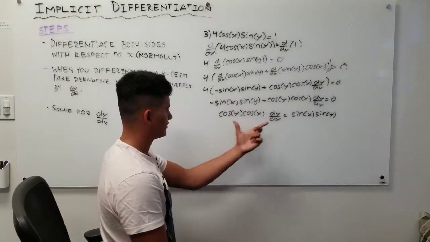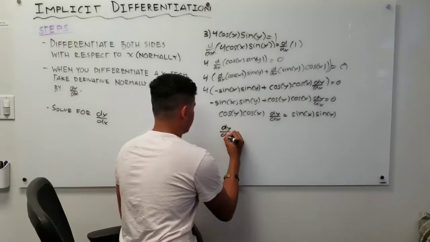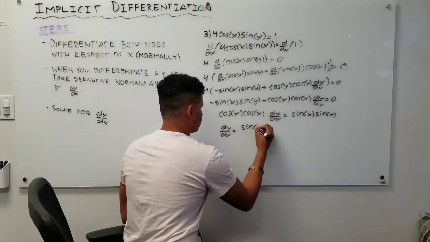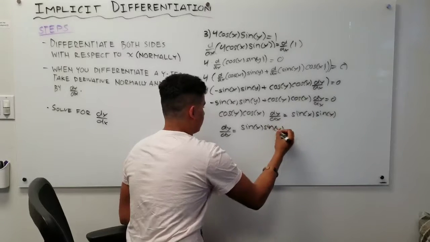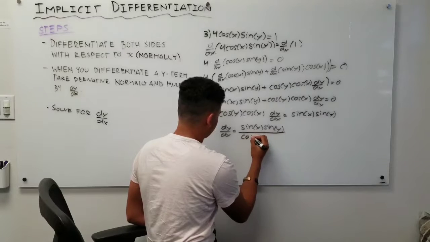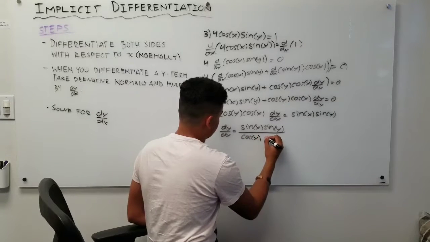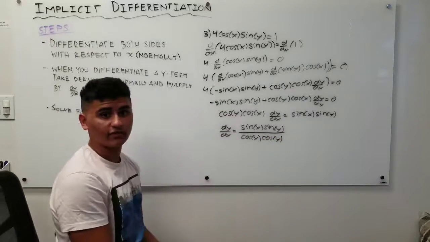And then you're going to divide this term on both sides. So dy dx is equal to sine x sine y by cos x cos y. So that's implicit differentiation for you.